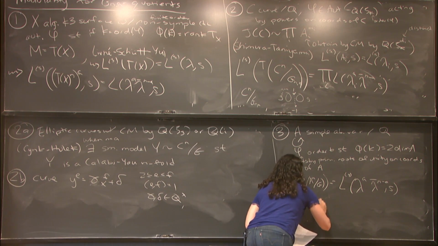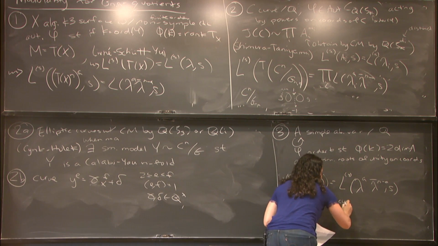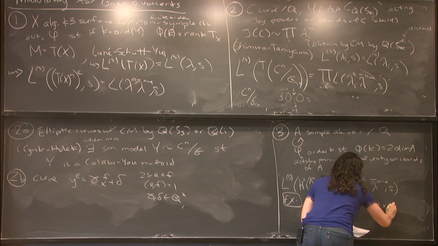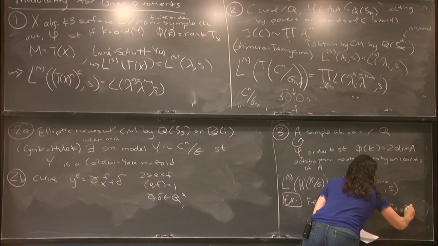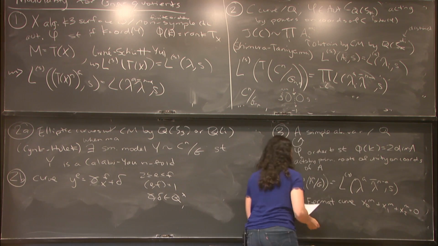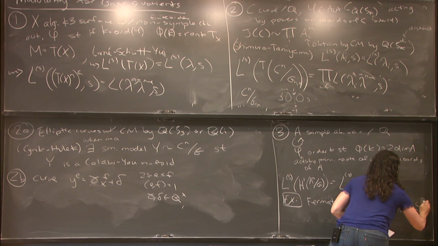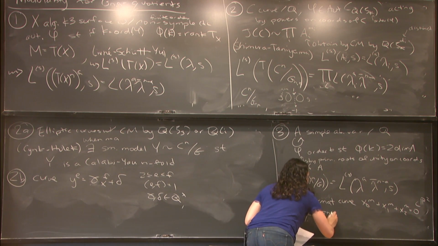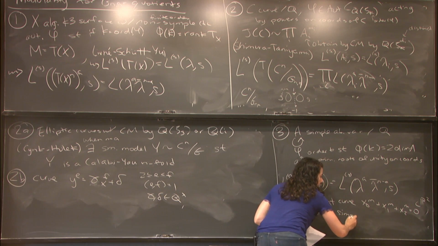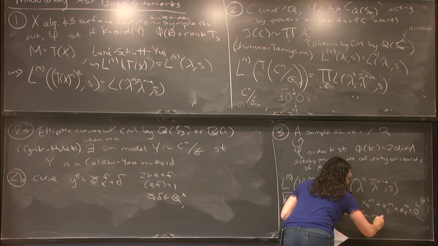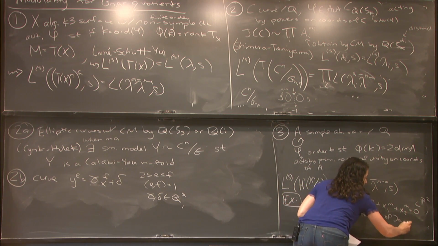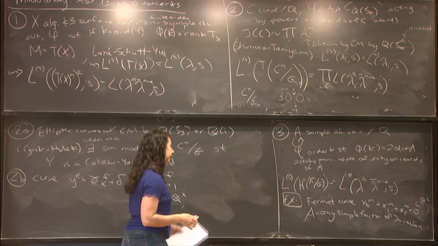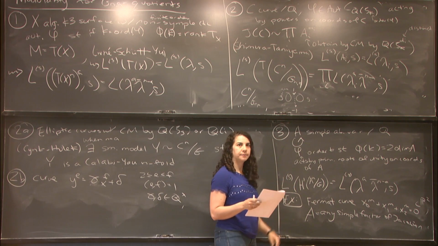Well, let's look at the Fermat curve of degree m in P2, and let A be any simple factor of the Jacobian of this curve. Then we'll get a result like this.